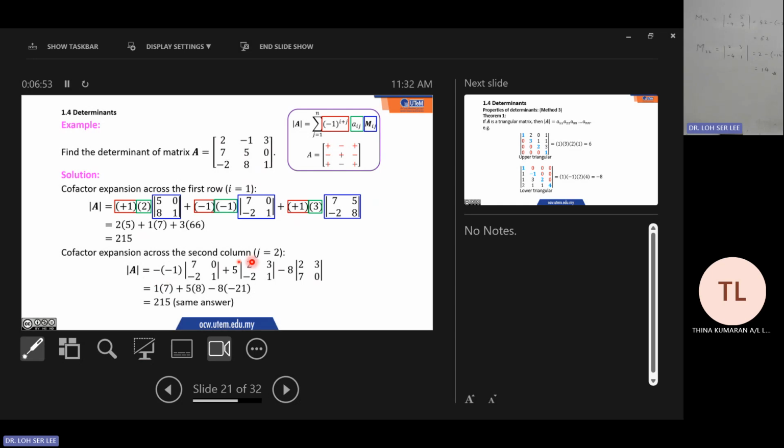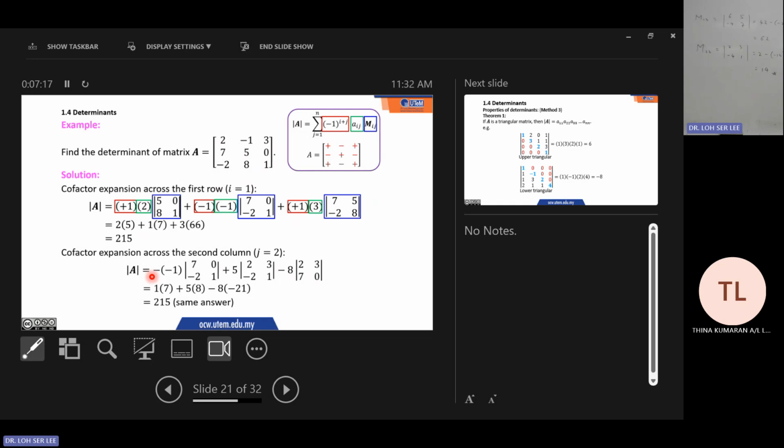So when you compute, you will get the same answer. So no matter which row or which column you choose to compute for the determinant, you will get the same answer. Based on this, which row or which column should we choose? You can choose any.